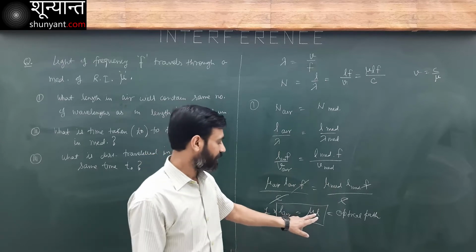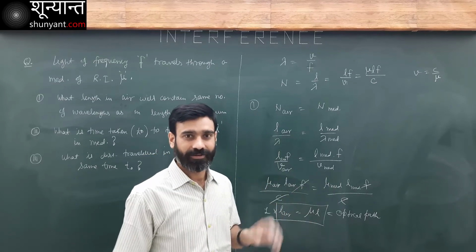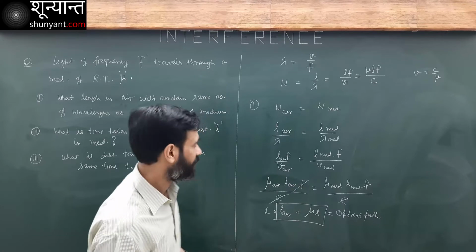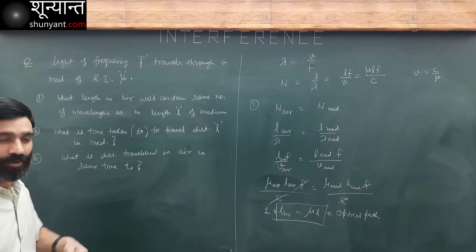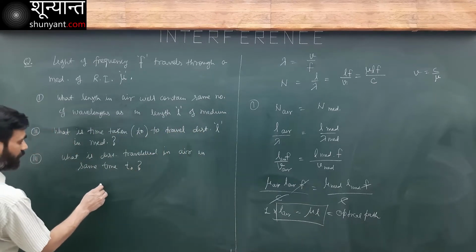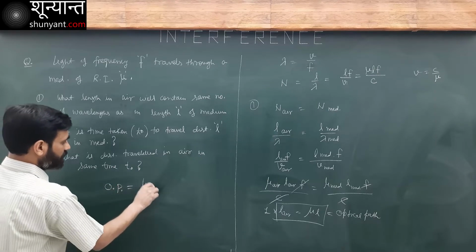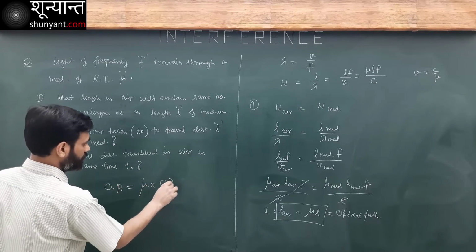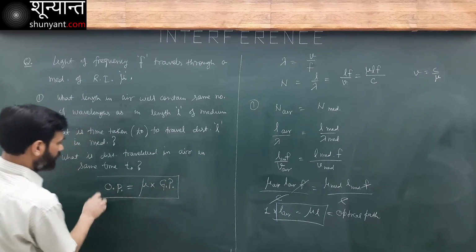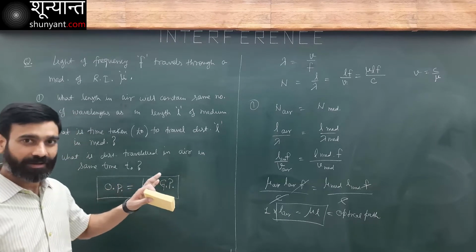This mu L is known as the optical path. So we have this formula: optical path is mu times geometrical path.